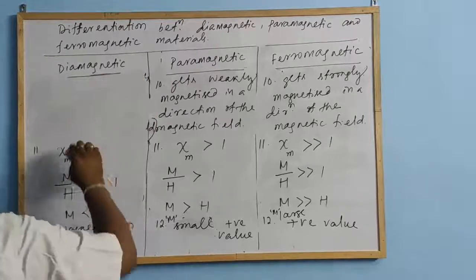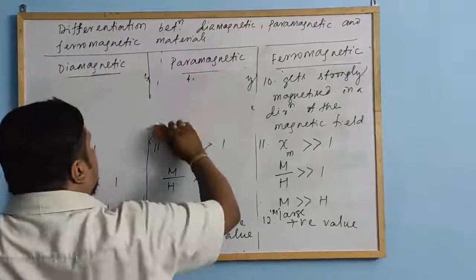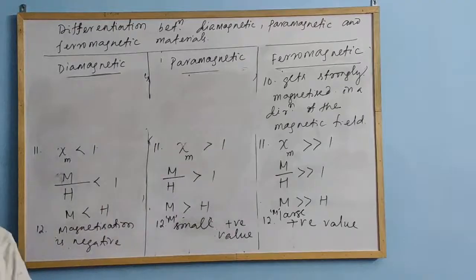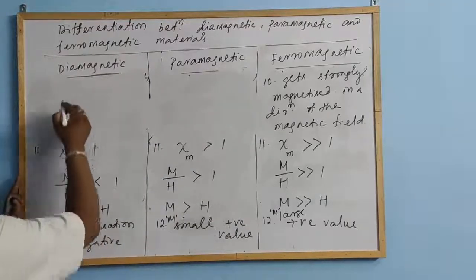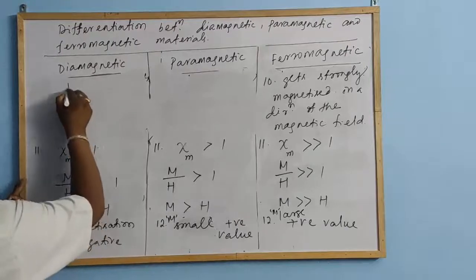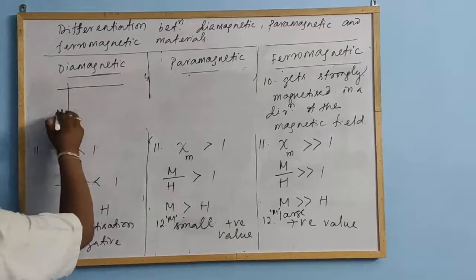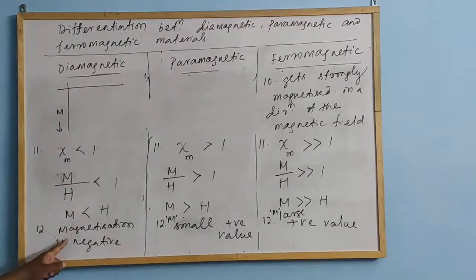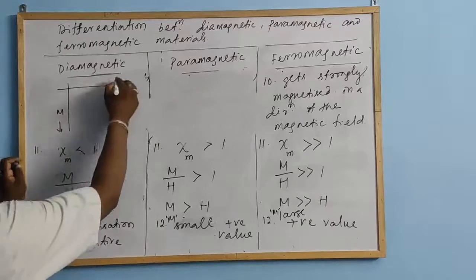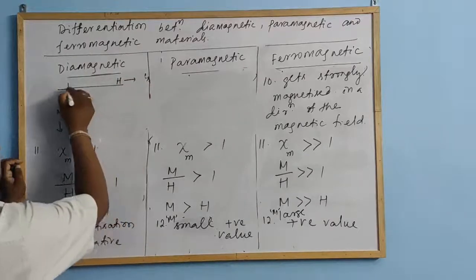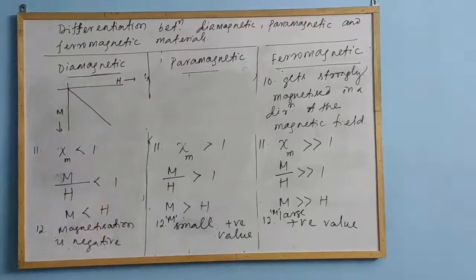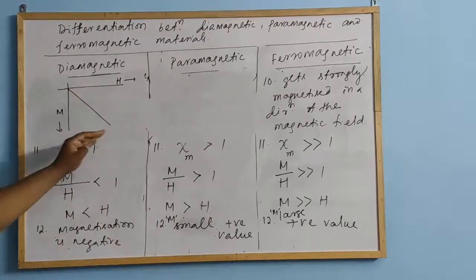For diamagnetic material, as M is negative, I can put M on the negative side, and this is the intensity of the magnetizing field. The graph shows linear, proportional, but in the negative side.